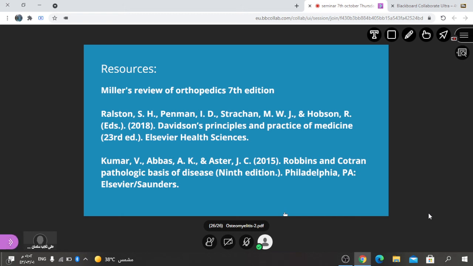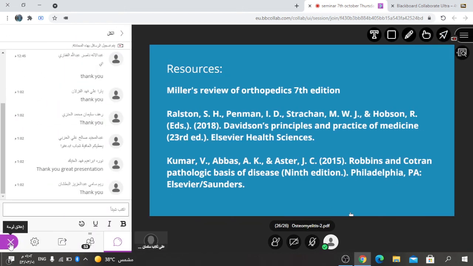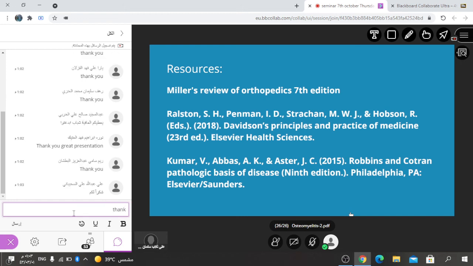As for the lab workup, the CBC, WBC, ESR, and CRP will decline. Usually we expect the CRP to decline within 2 days, and the ESR usually takes 2 to 3 weeks.